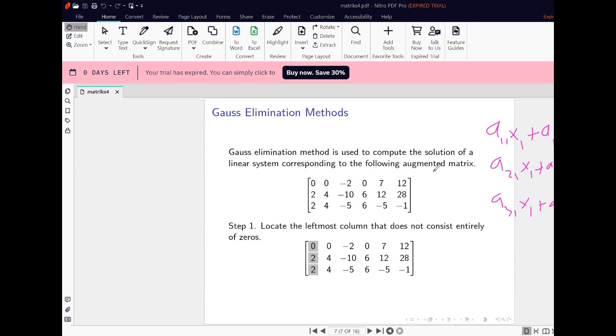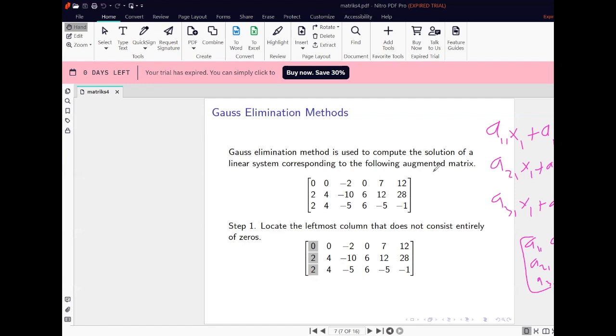So this is the augmented matrix of this linear system: A11, A12, and B1, A21, A22, B2, and A31, A32, B3.